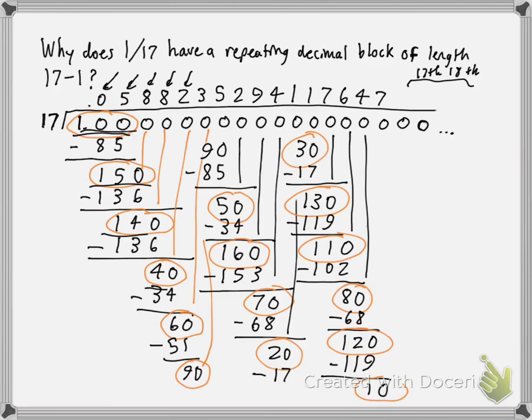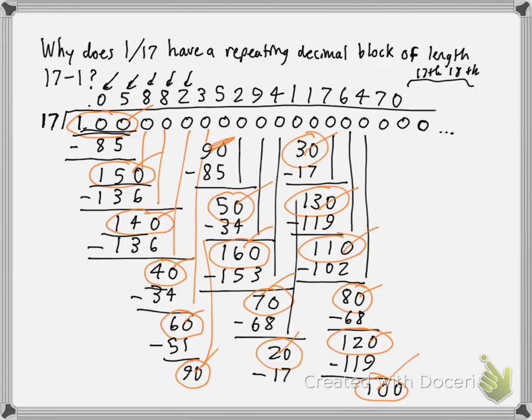And this is a distinct multiple of 10 we've hit. Counting them up, we get 16 distinct multiples of 10. But 17 does not go evenly into 10. It's got a quotient of 0, remainder of 10. We carry another 0 down, and here's where the repetition starts.